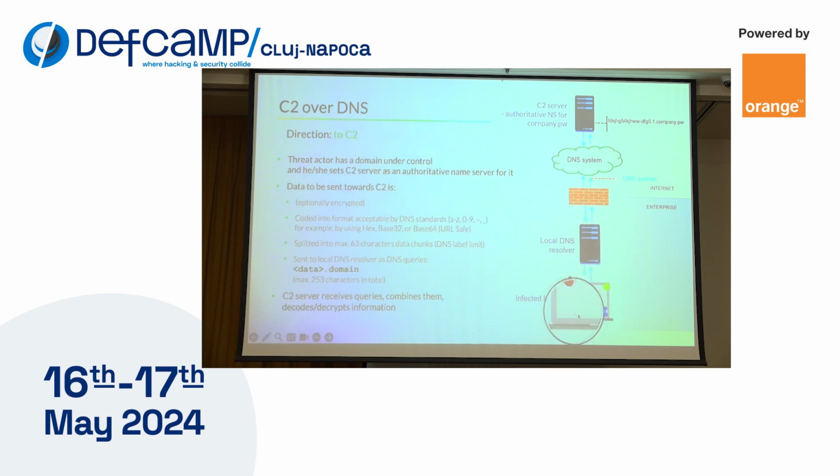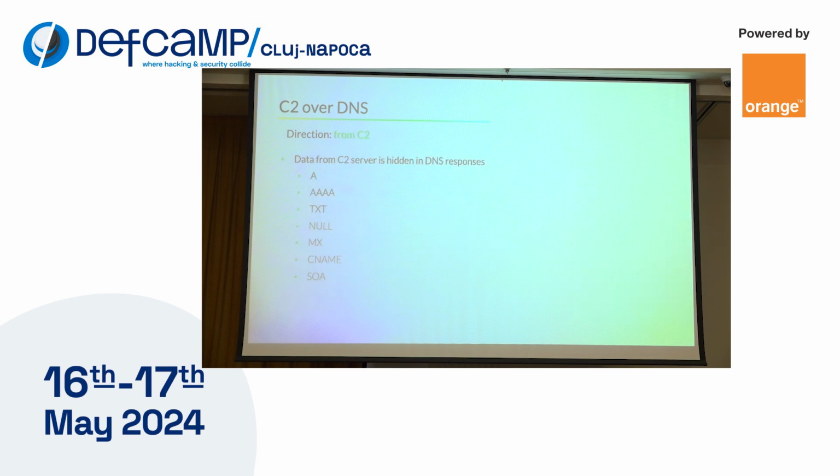So that's the direction to the C2 server. Data encoded as a fully qualified domain name, sent as a DNS query to the local DNS server, and then further to the DNS system. The other direction, from the C2 server, comes back as a DNS response. How the data is encoded depends on what kind of DNS record was used.